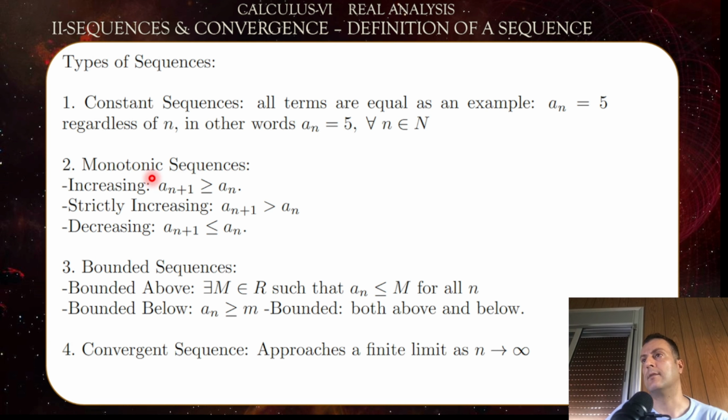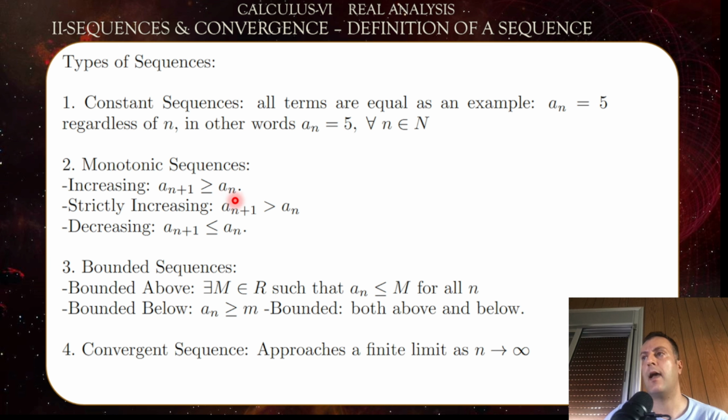Monotonic sequences. Monotonic means it's either increasing or decreasing, meaning that as the index grows, the sequence is either growing in value or decreasing in value. So for the increasing case, for instance, a_(n+1) is greater than or equal to an.